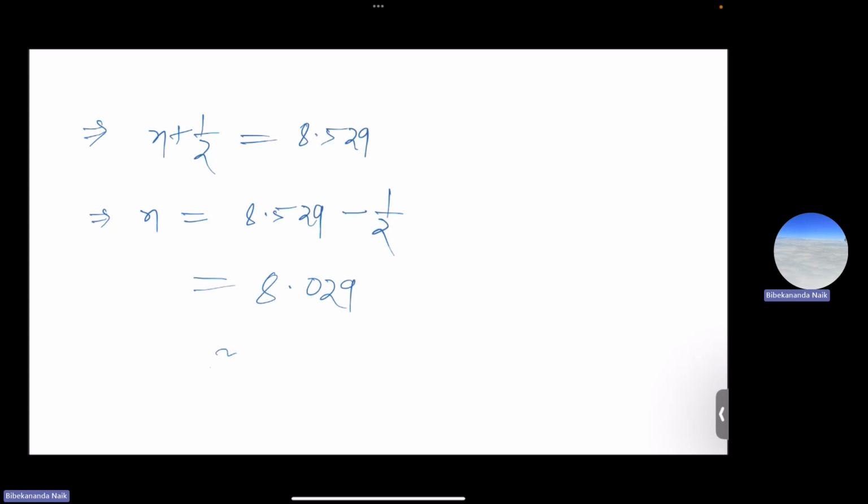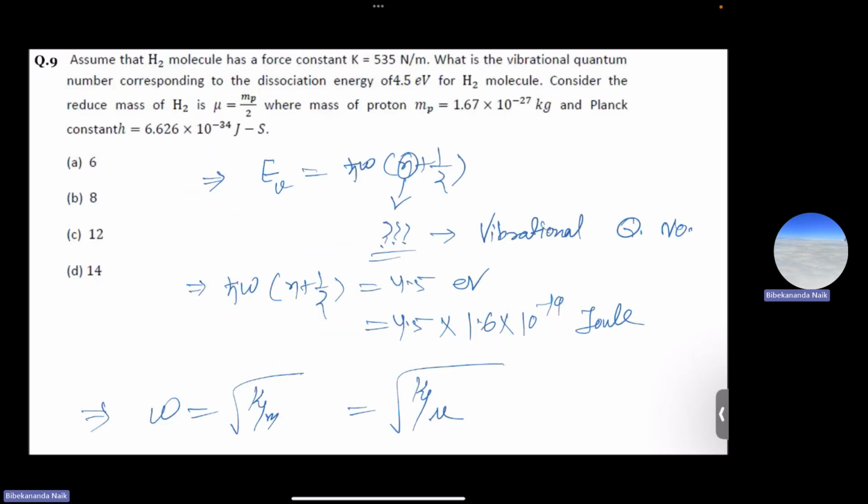Since this quantum number is an integer, it will be 8. So this corresponds to n equal to 8. So for hydrogen molecule, the vibrational quantum number n equal to 8 will correspond to the dissociation energy of 4.5 electron volt with a spring constant, or force constant, of 535 Newton per meter.